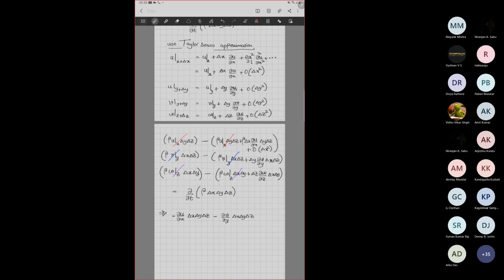Here rho is there, here also rho is there, here also rho is there. Minus rho del w by del z delta x delta y delta z is equal to del by del t of rho delta x delta y delta z.